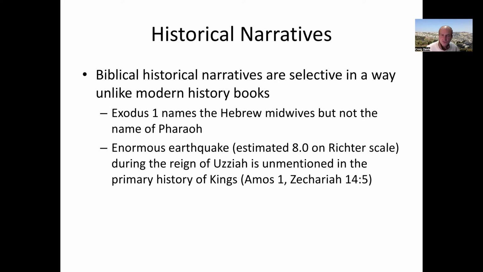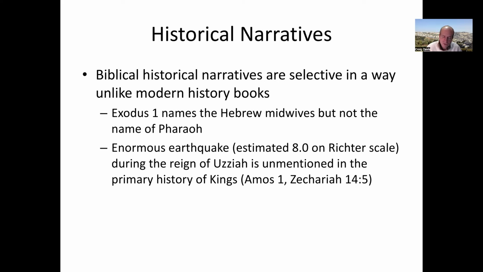There was an enormous earthquake. They've got archaeological evidence on it. It was estimated to be about 8 on the Richter scale, so really huge, the biggest one in known history in the land of Israel. And that happened during the reign of Uzziah. But in the primary history of Kings and also in Chronicles, the earthquake isn't mentioned.